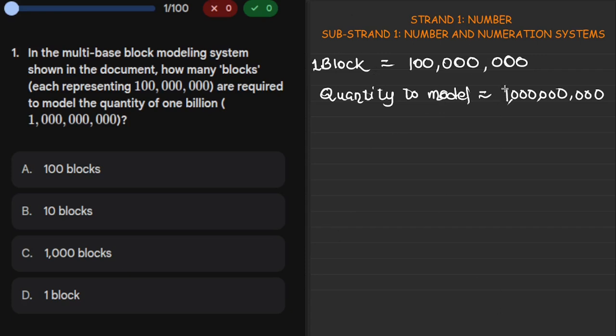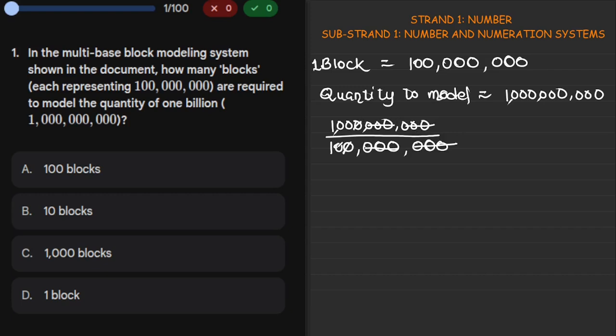It's very simple. All you need to do is to divide the quantity you want to model, that is the billion, by the block quantity. So we are going to divide. I'll just put this over here, and then we do our division. These 3 zeros cancel out these 3 zeros. These 3 zeros cancel out these 3 zeros.